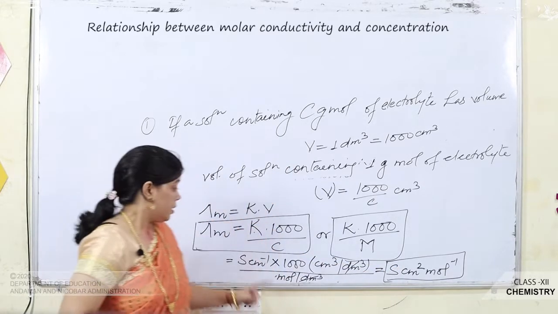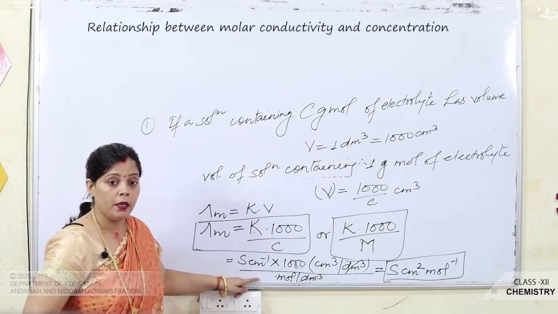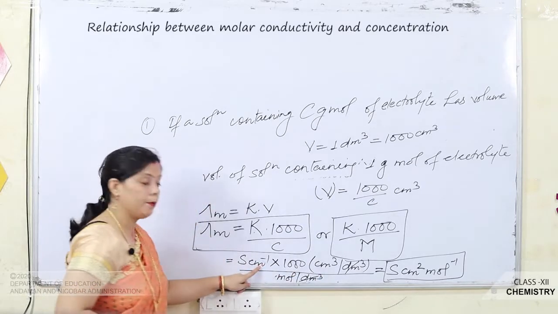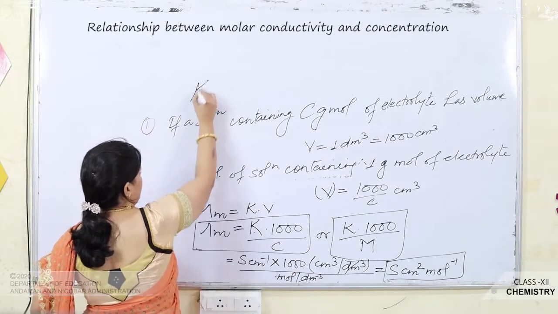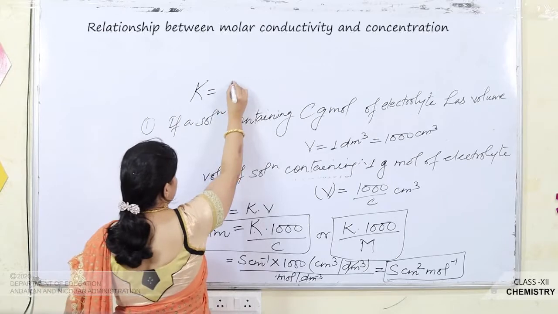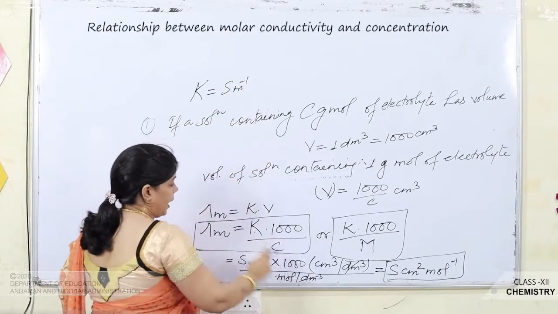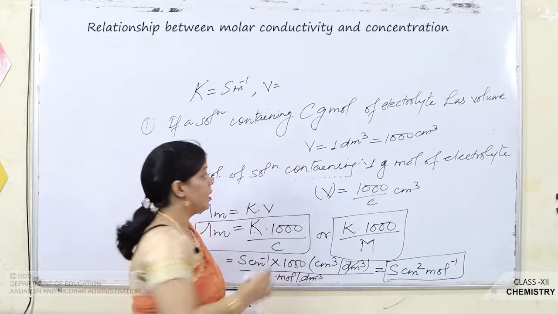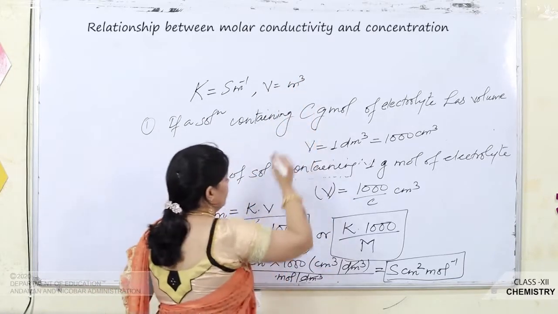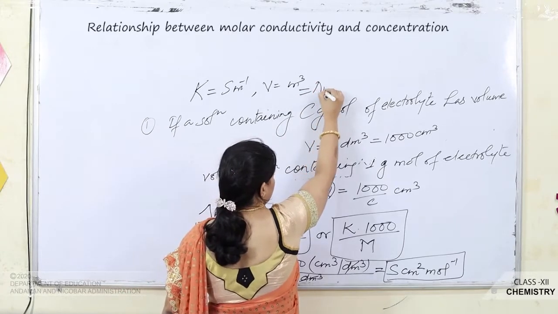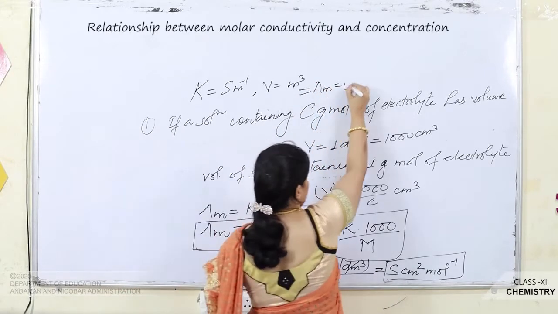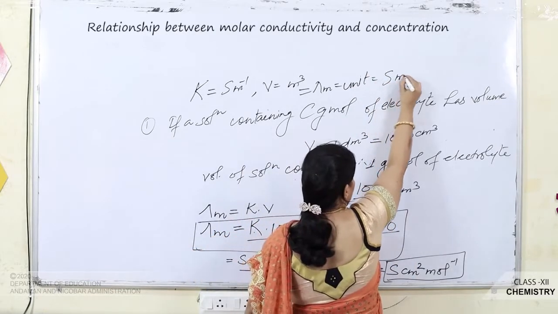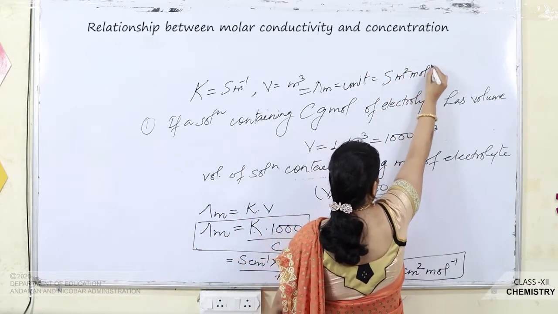Okay, if the conductivity is expressed in Siemens meter inverse in place of centimeter, that is, if it is represented in meter, and the volume has the unit in meter cube, then what is the unit of molar conductivity? Then the unit of molar conductivity is equal to what? That is Siemens meter square mole inverse.